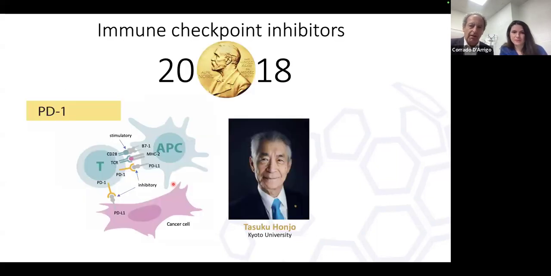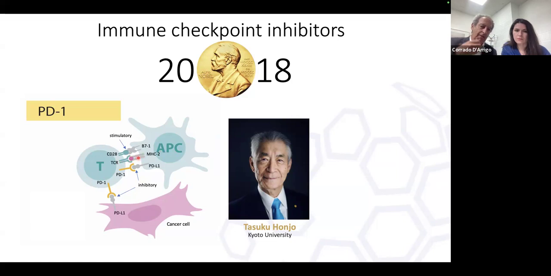Very good. So, Nobel Prize 2018 for the application of the complex system of second signaling for the immune system to defeat cancer. So here is an antigen presenting cell, and this is a T cell, and they converse primarily through the T cell receptor, which of course has a specific antigen recognition site.